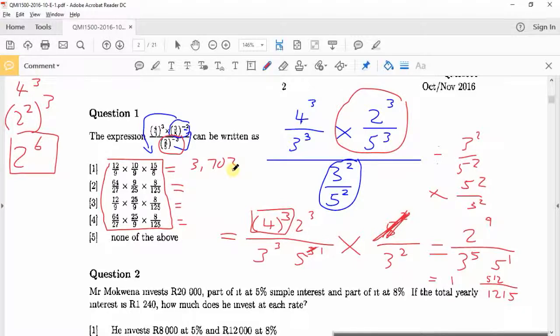8 over 125. Okay, I get that answer, which is 0.05461.